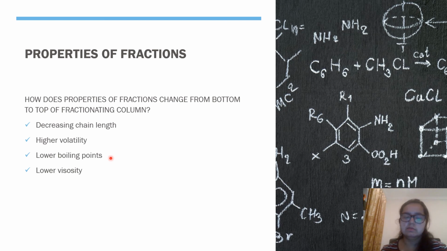Volatility increases from bottom to top. However, viscosity decreases. Viscosity is how thick the compound is. At the top it's not very thick, but at the bottom it's quite thick.